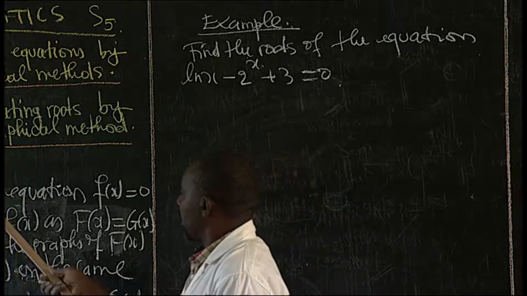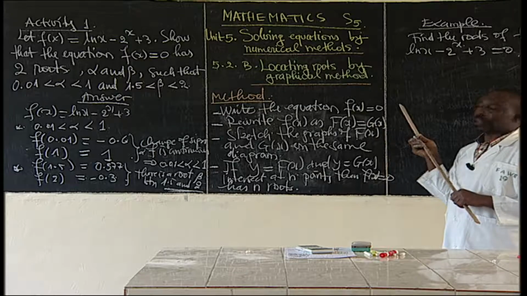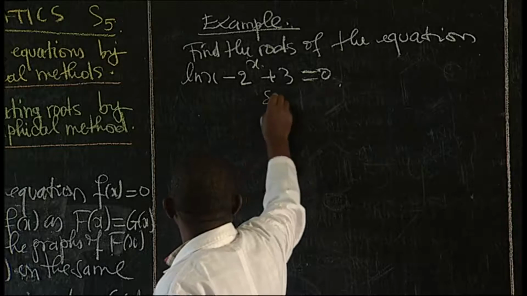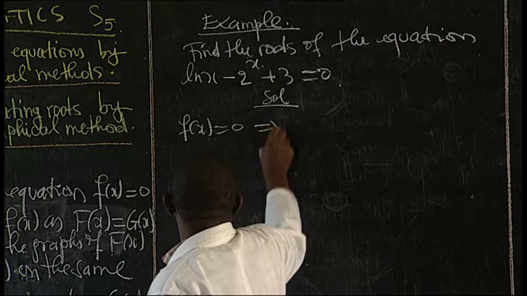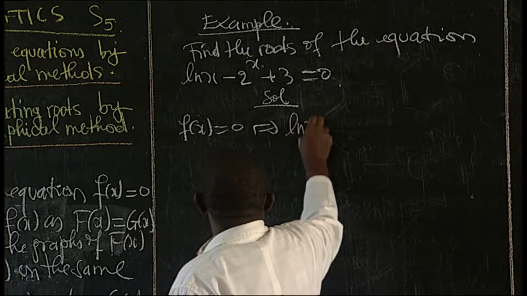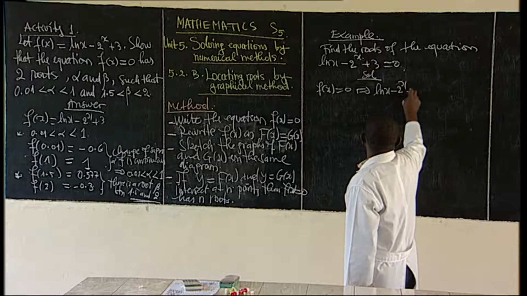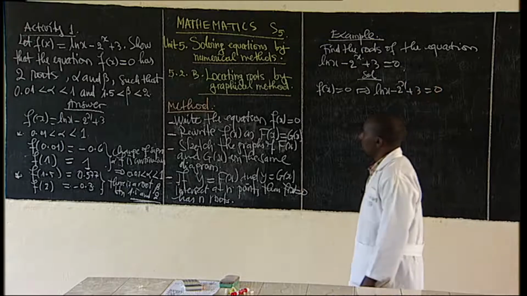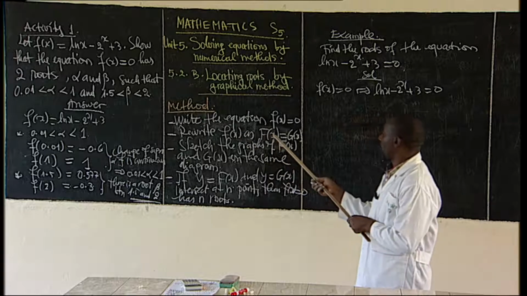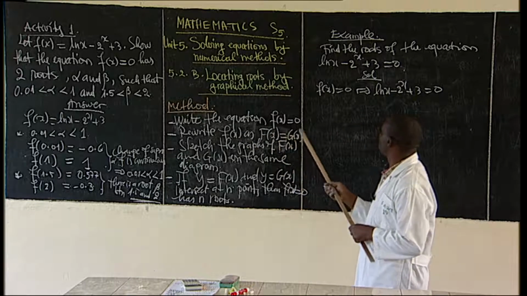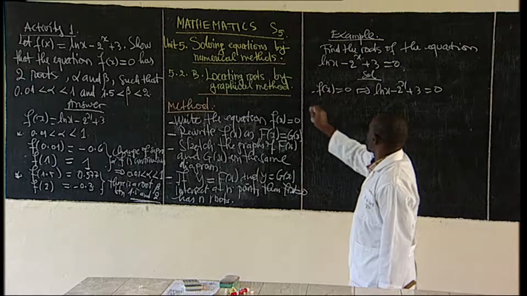The first step is to write the equation like that. So, f of x equals 0 means that ln of x minus 2 power x plus 3 is equal to 0. Then write capital F of x equals capital G of x, meaning that you are going to solve.